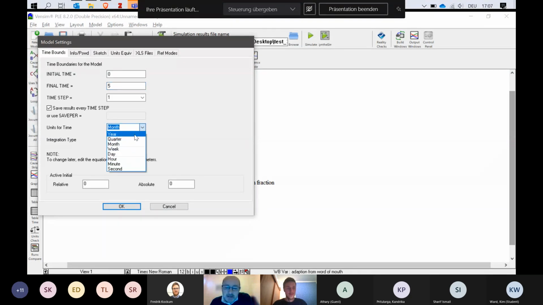We can even write something like 2007 to 2020. We can use any number here, because for Vensim, the time step is the dt that is used for the integral.